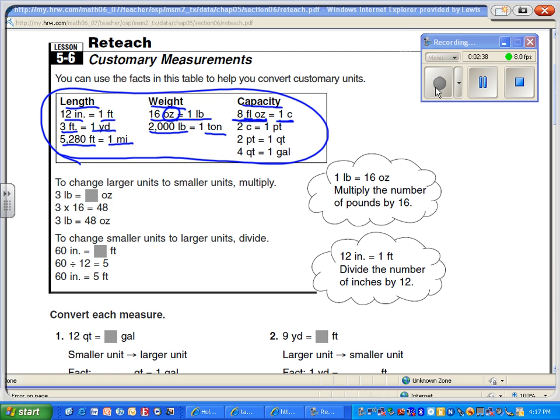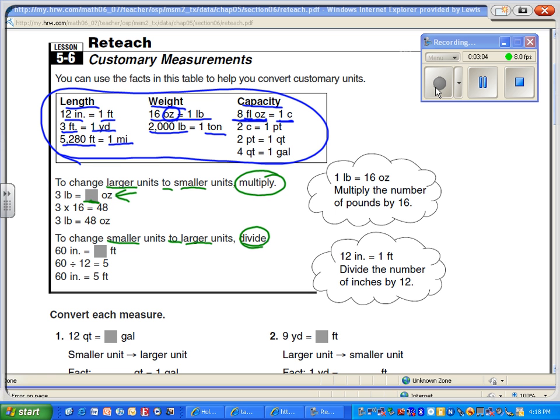All right, so let's take a look at this example right here. It says we want to change 3 pounds to ounces. We're trying to fill in this blank right there. First of all, it says to change larger units to smaller. So larger to smaller, we are going to end up multiplying. And if we're going to change smaller to larger, we're going to divide.